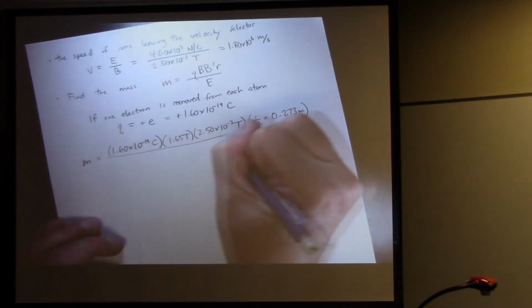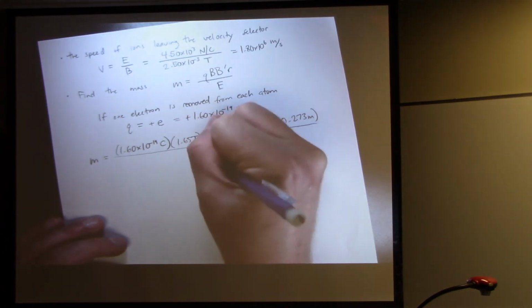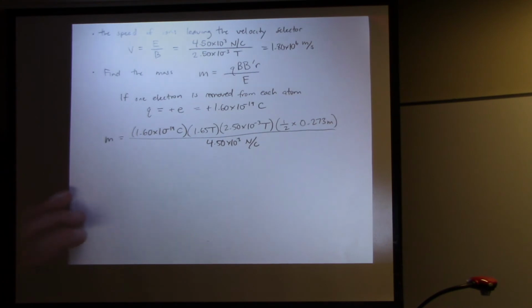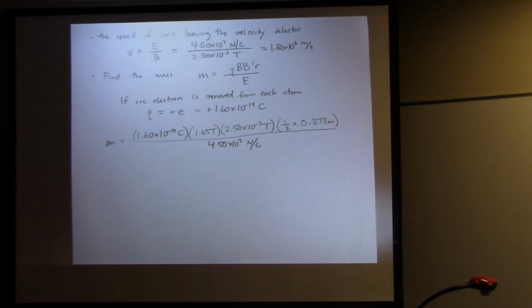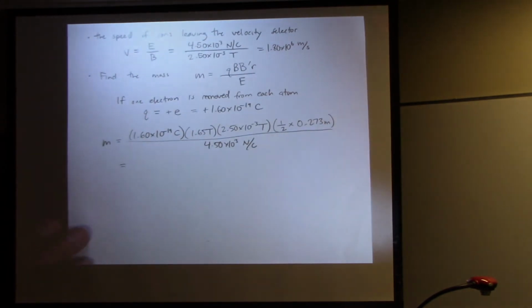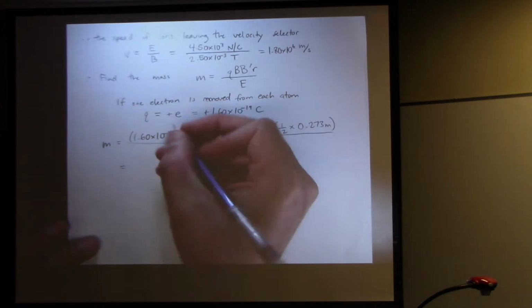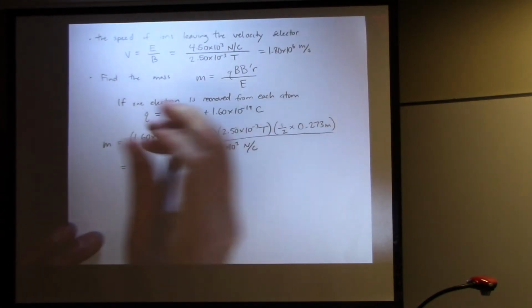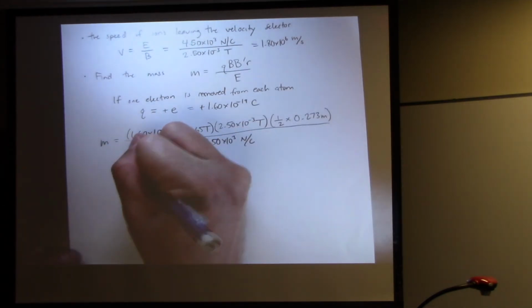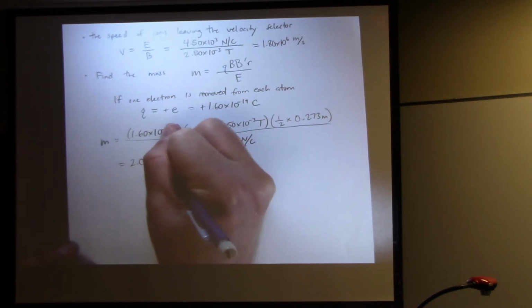And then we're going to divide by the electric field, which is 4.5 × 10^3 newtons per coulomb. Okay, so again, that's really getting messy with the units. Let's just use the rule that if you put the units in SI going into the calculation, they come out in SI at the end, so we have kilograms. And it actually works out to a nice round number, 2 × 10^-26 kilograms.